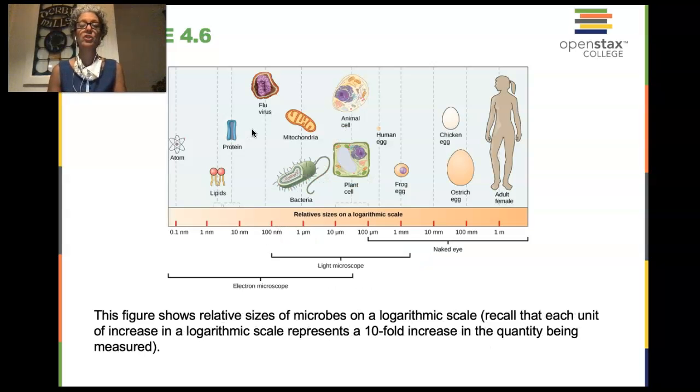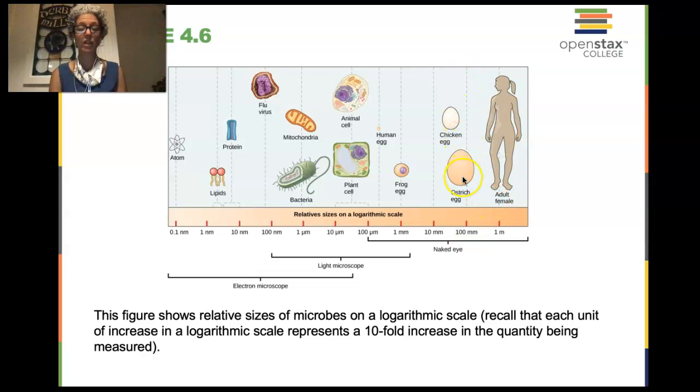This image shows us some relative sizes, and it's a good thing that there is the size bar underneath it, because the images are certainly not drawn to scale, because an ostrich egg doesn't come up to the thigh of an adult female. But ostrich eggs are enormous. They are a single cell. All eggs are a single cell.